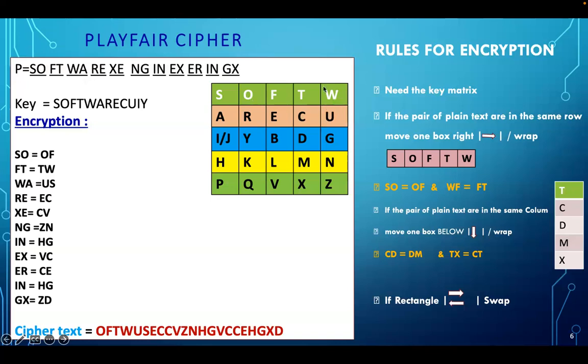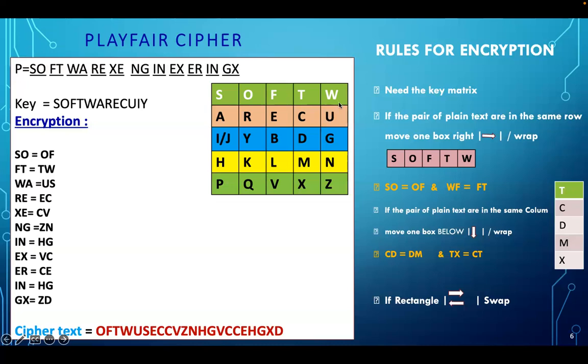WA, here is our W and here is A, and they make a rectangle. So in this case, first we have to find our pair, which is W and A. For this, the rectangle box for WA includes all the letters between the first and second column.